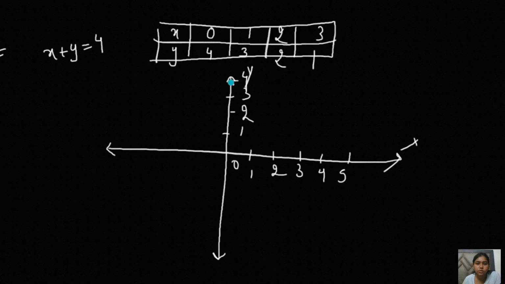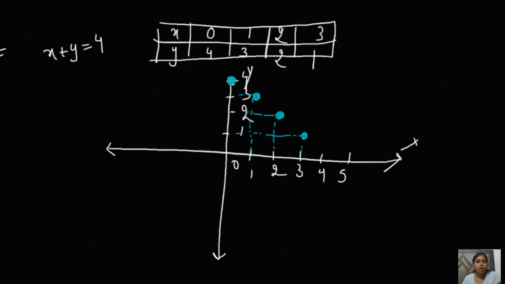So this is the first point, right? Second is for x equals 1, y equals 3. This is y equals 3 and this is x equals 1. They meet or intersect at this point. Next, for y equals 2, x is also 2. So this is that point. For x equals 3, y equals 1.